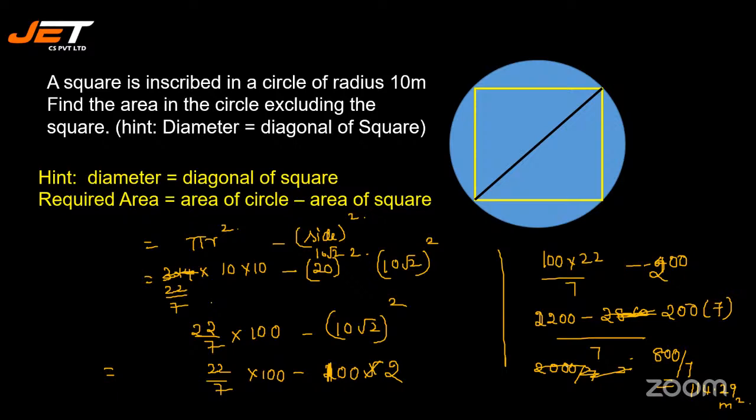Yes, let's check. 22 by 7 into r is 10 into 10 is 100 minus side is 10 into 10, 100 into 2, correct. So 2200 by 7 minus 200, yes. So 2200 minus 1400 would be 800 by 7, correct. Okay, so it should be 114.29 meter square.